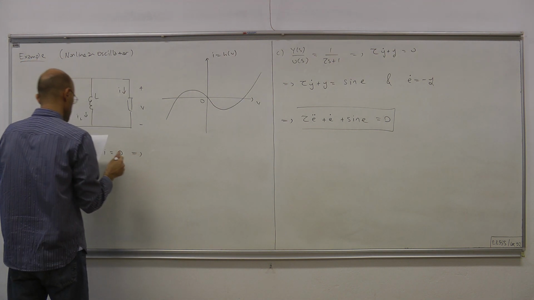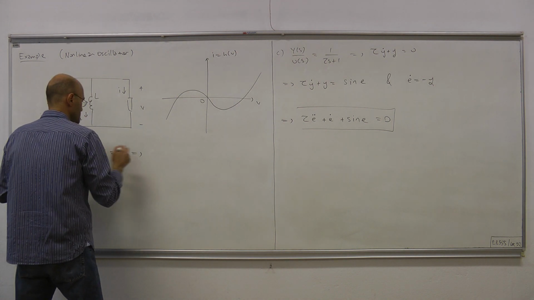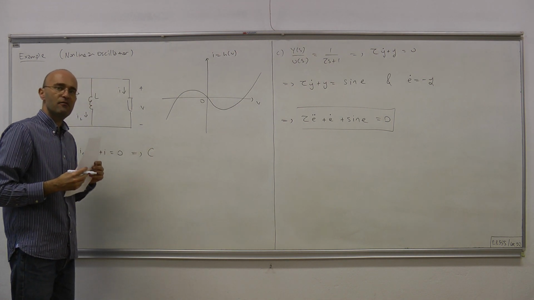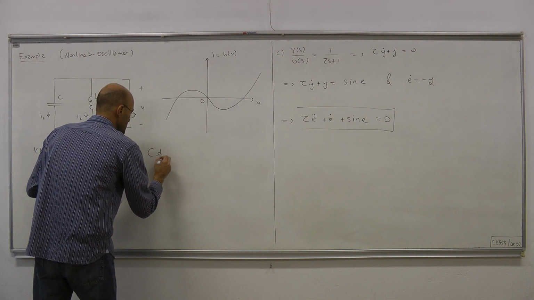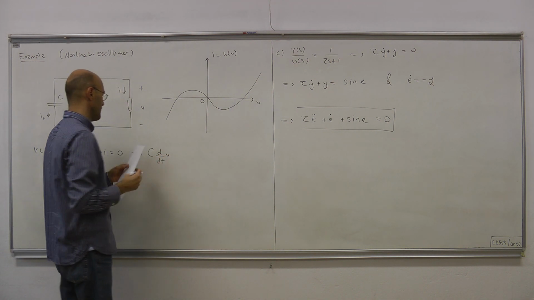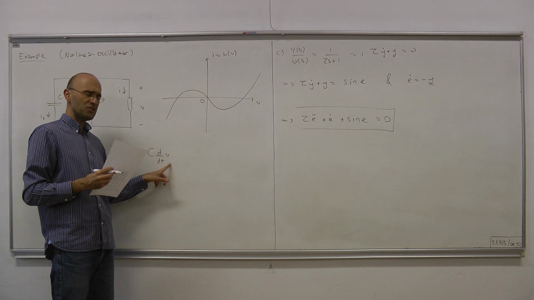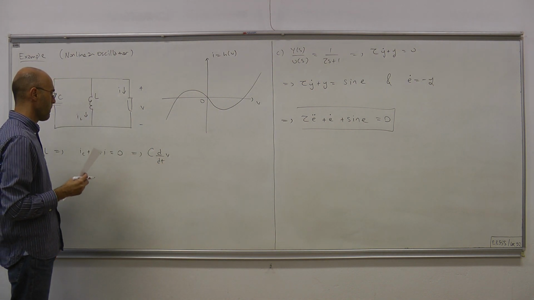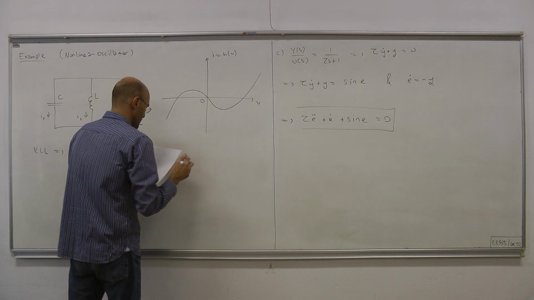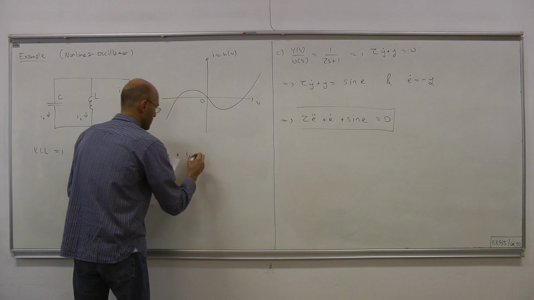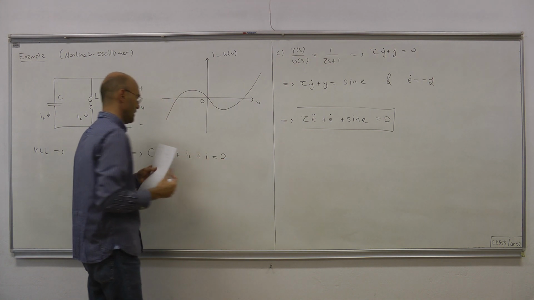So let's try to indicate everything in terms of the voltage. IC is C d/dt V. So that's C V dot, the capacitive current, plus IL plus I equals 0.